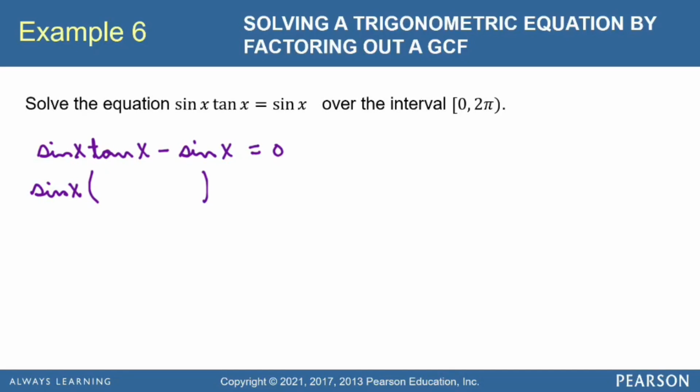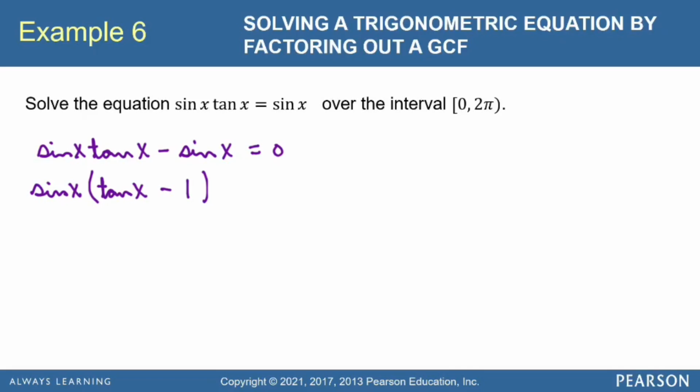And the question we have to ask ourselves now is, what do we need in the parentheses so that distributing sine of x would produce this original expression again? So we can say sine of x times tangent of x would produce this term, and then we would have a minus sign, and then we need sine of x times 1 to produce this term.